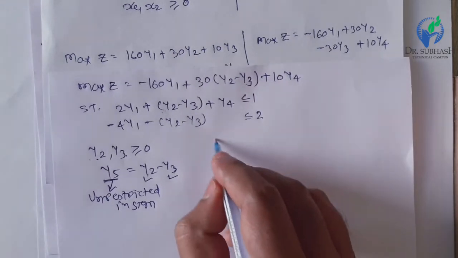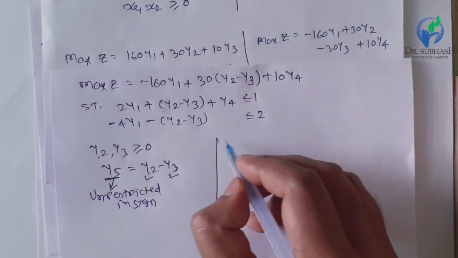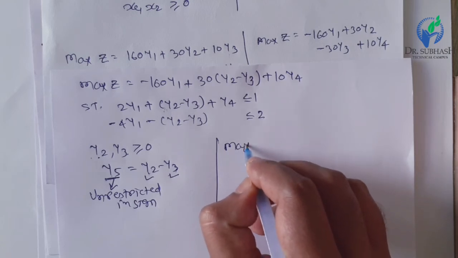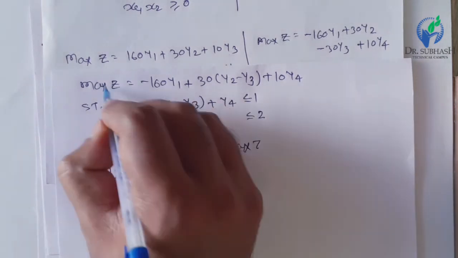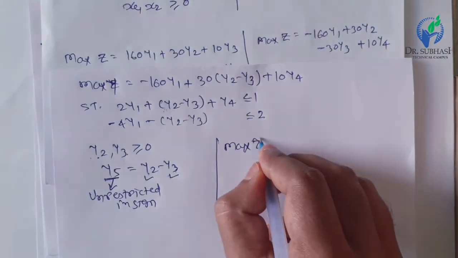So here we can convert this problem as: maximize, sorry, here not z, it is y, because it is a dual problem.